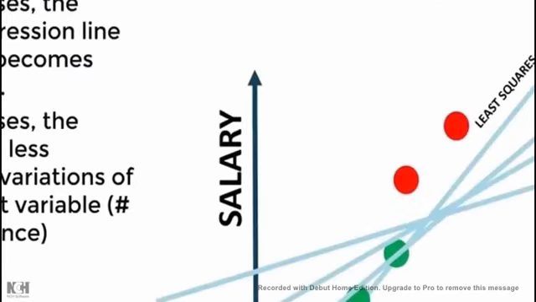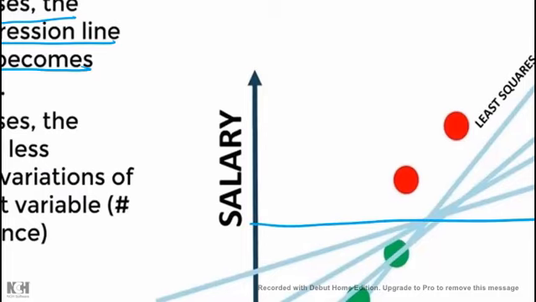Now, as alpha increases, the slope of the regression line decreases and becomes more horizontal. If you keep increasing alpha, somewhere it will become a horizontal line. Then no regression will be applicable.